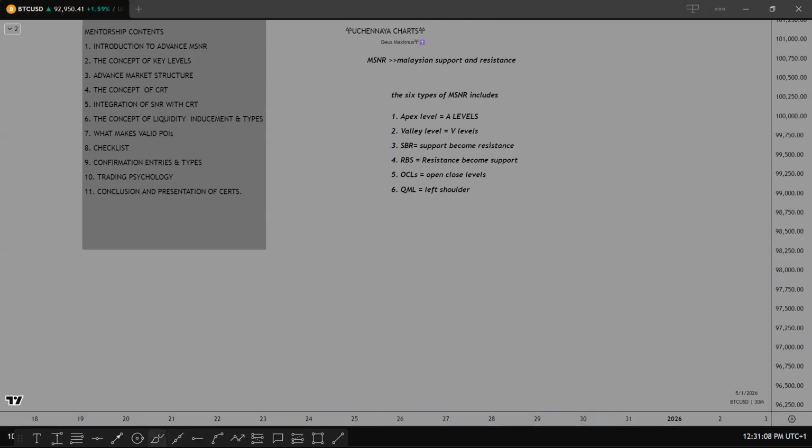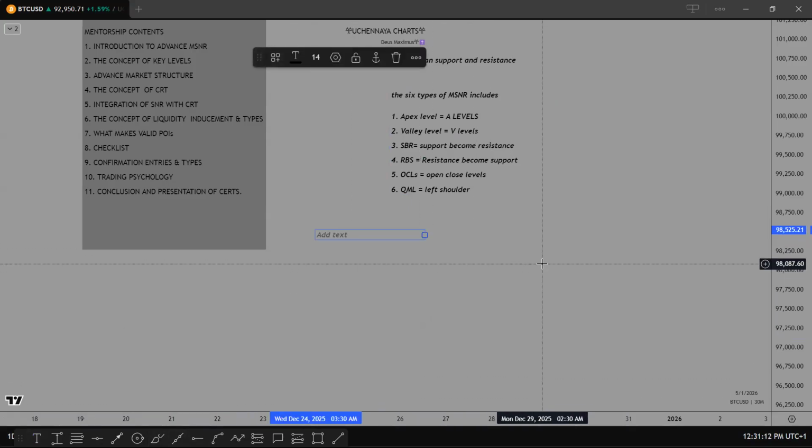Okay, when it comes to apex levels, apex level is basically a bullish candle followed by a bearish candle.